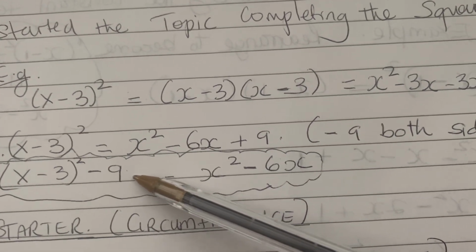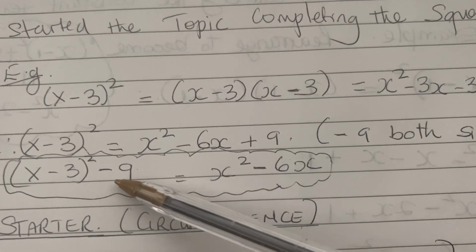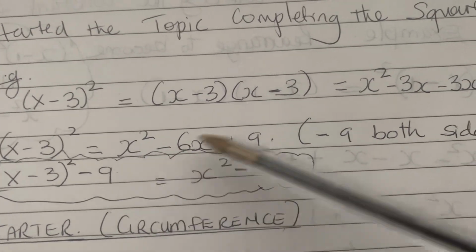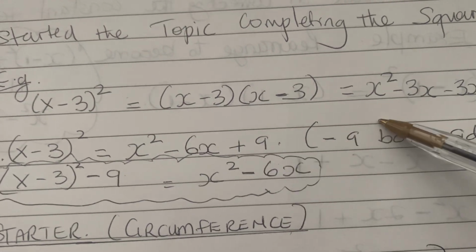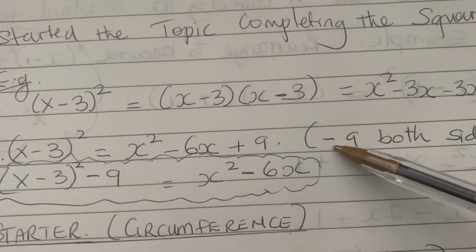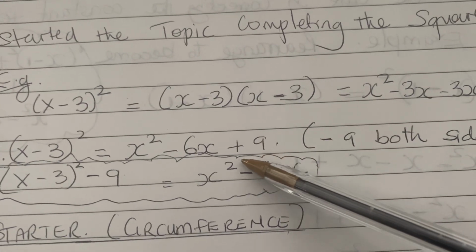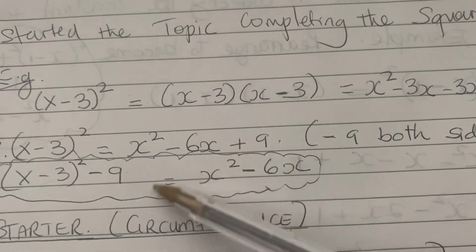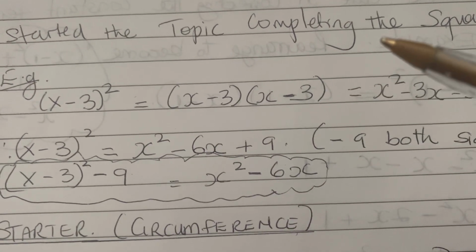Some of these they might ask you to prove, like minus 10. So instead of subtracting 9, you end up subtracting 10, and then you manipulate it till you get what you are given.